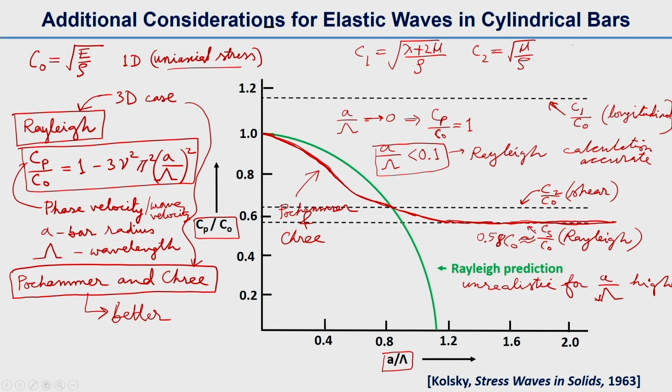The dotted lines corresponding to C1, C2, Cs, which I hope you understood from our earlier lectures, are for unbounded media, and our C naught is for a finite body with uniaxial stress.